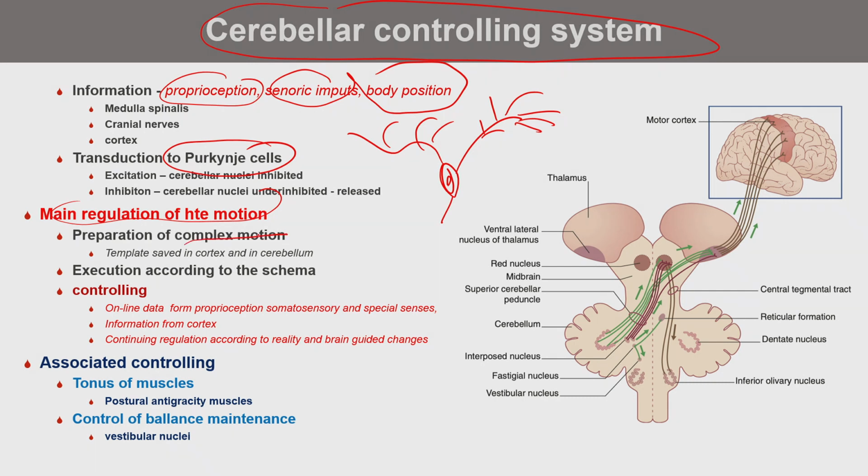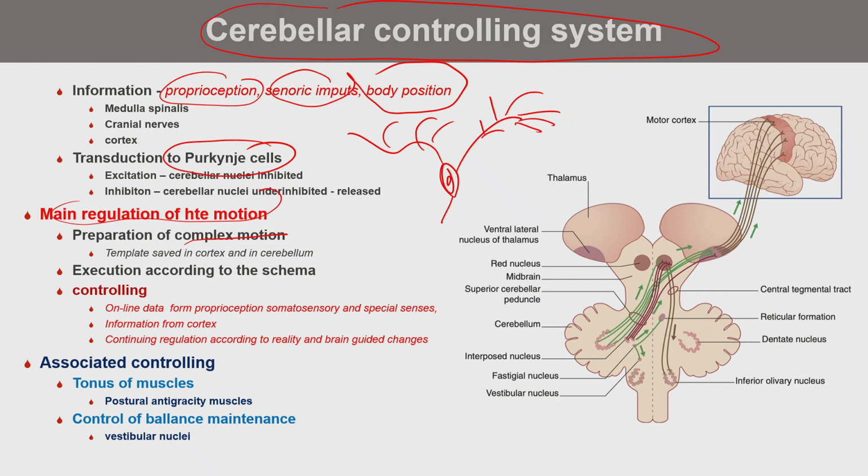Those motions have a template in some memory circle in the cortex, and the same in the cortex of the cerebellum. So they have two templates: what you would like and what is executed.